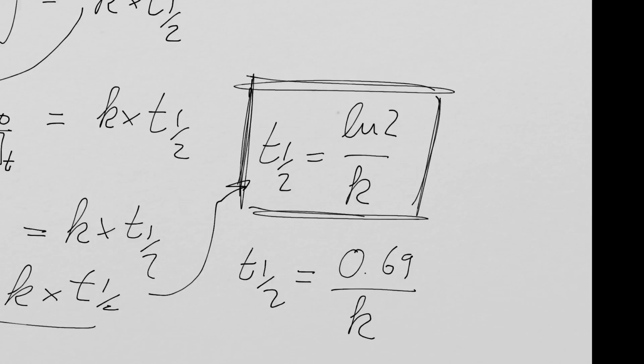About 25. Absolutely. 25. 50 divided by 25 is 2. So we have ln 2 again. In this case, the half-life is totally independent of how many we start with.